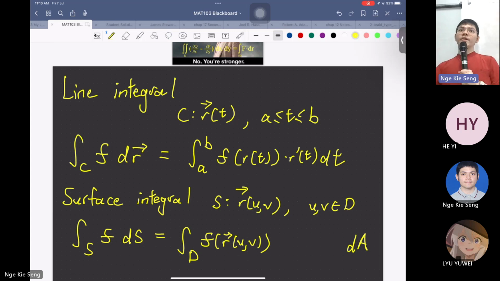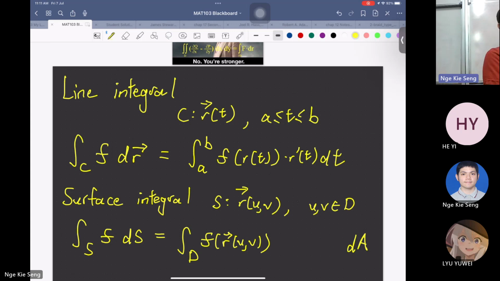And then what's the Jacobian here? What's the Jacobian when you do a surface integral? It's the area of a parallelogram. What's the area of a parallelogram? The length of the cross product of two vectors.